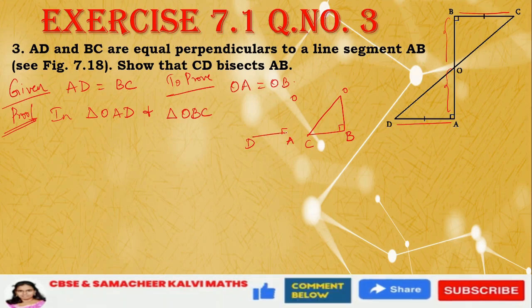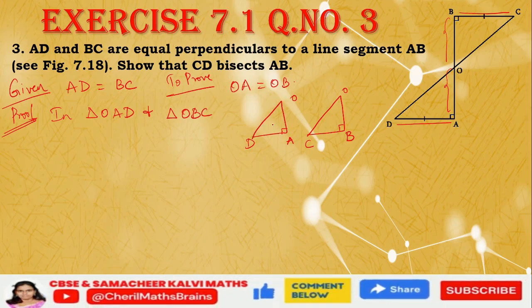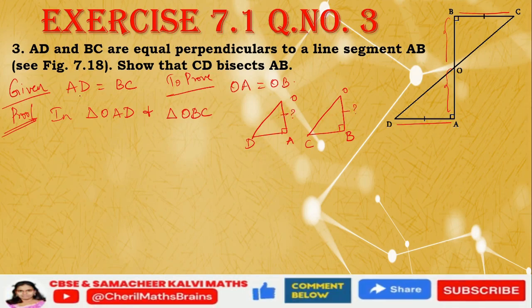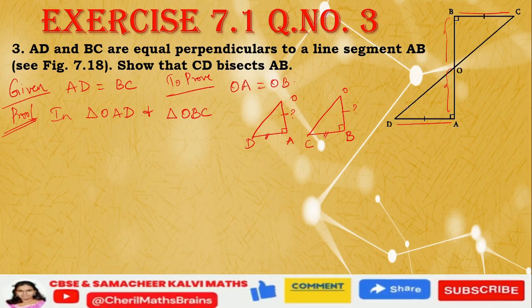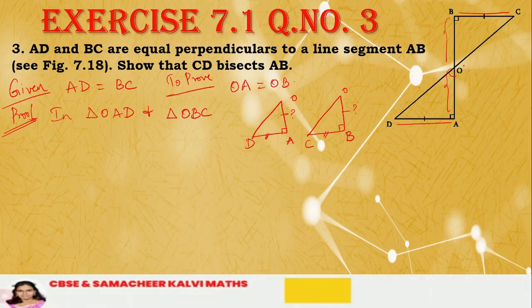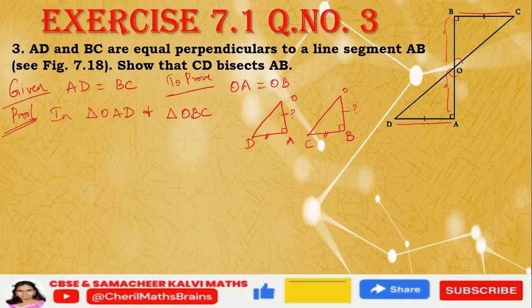So we have these two triangles. OA is equal to OB is what we need to prove. But what do we know? We know that AD is equal to BC, and we also know that this angle and this angle are vertically opposite angles.